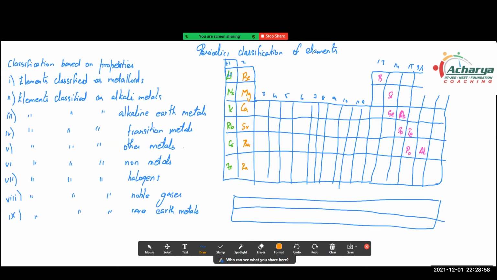Let us try to fill in the elements in groups 3 to 12.